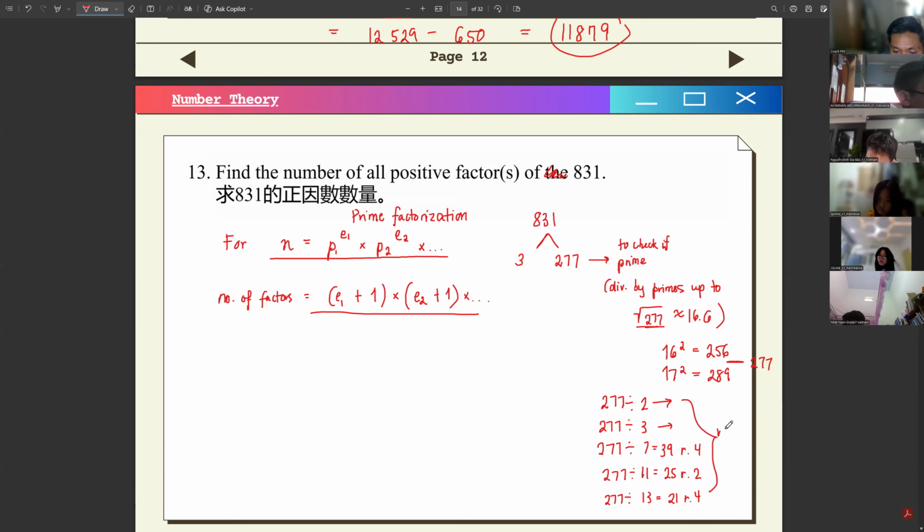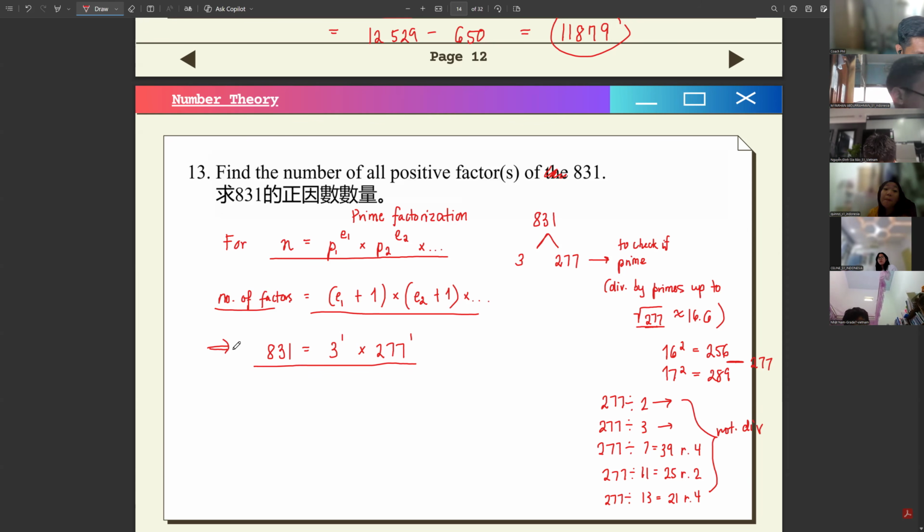So all of this is not divisible, meaning 277 is already a prime number. So that means our number n, 831, is equal to 3 to the power of 1 times 277 to the power of just 1. Both of the factors have exponent 1.